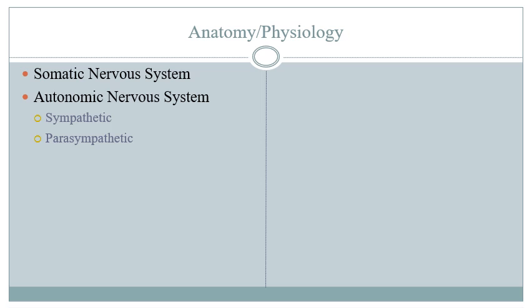involuntarily. And there are two branches of that: the sympathetic nervous system and the parasympathetic nervous system. With the sympathetic nervous system, we commonly think of the fight or flight response, and all the things that occur with that: increased respiratory rate, increased heart rate.